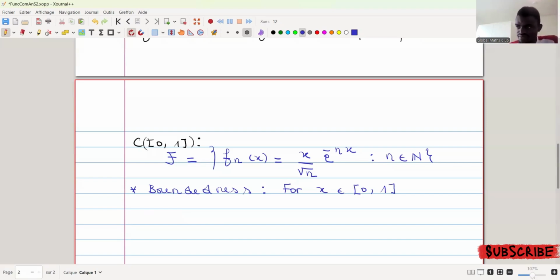What can you say? Obviously you can see that f is positive because x is positive, the square root of n is positive, and the exponential is positive. So if f is positive, it means that 0 is less than f. That is what it means that f is positive. So the sequence of functions fn is positive.